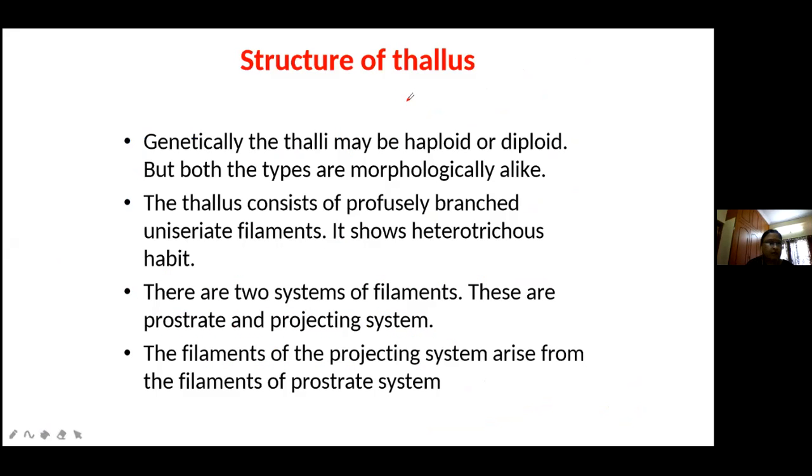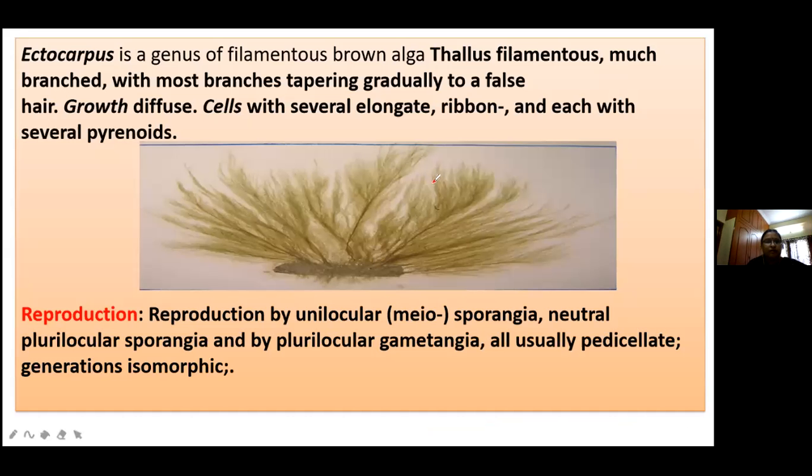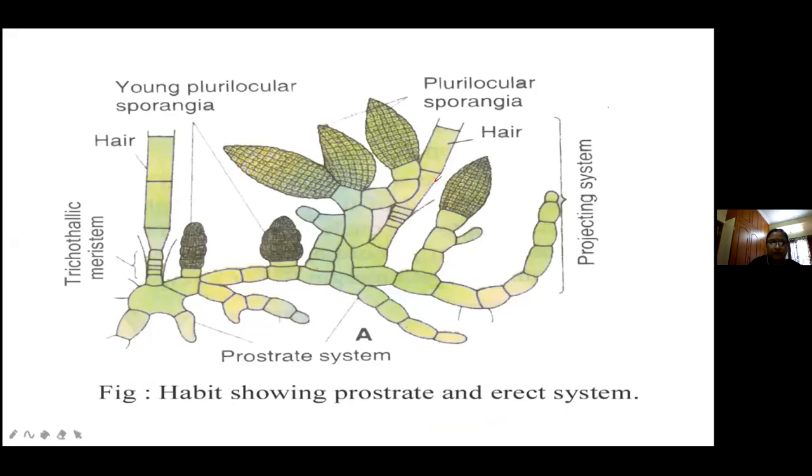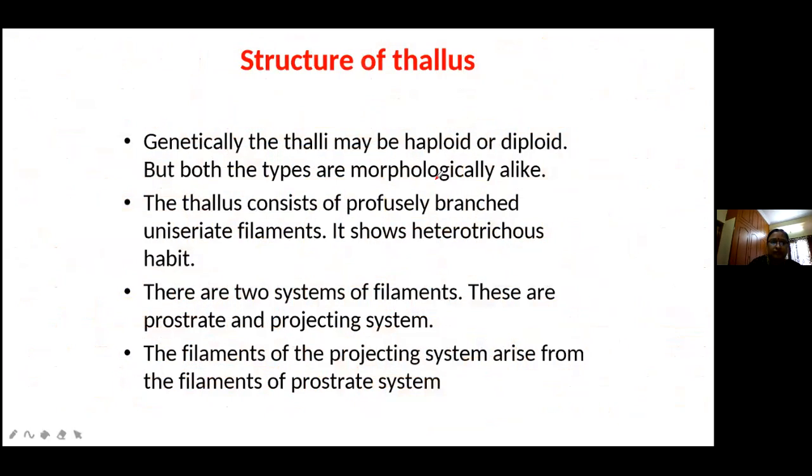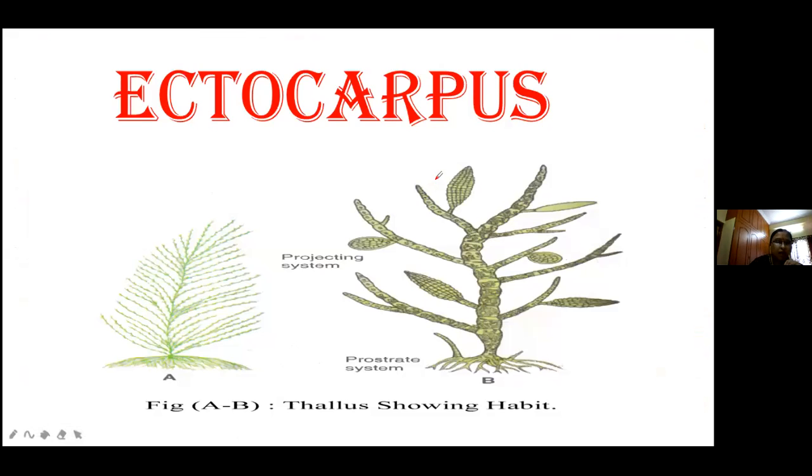What is the thallus? See here, girls. This is the thallus. This one is the enlarged thallus, but you can observe the thallus like that only. Here, the thallus is filamentous.